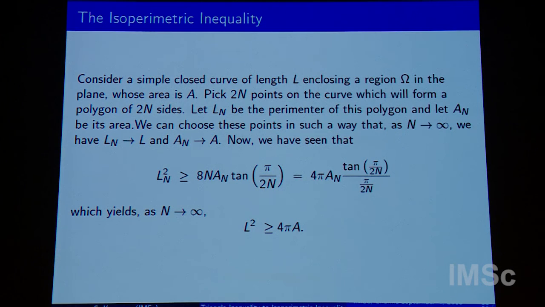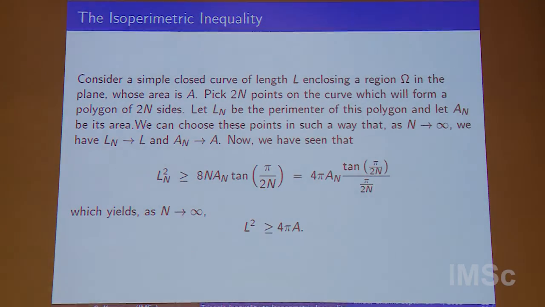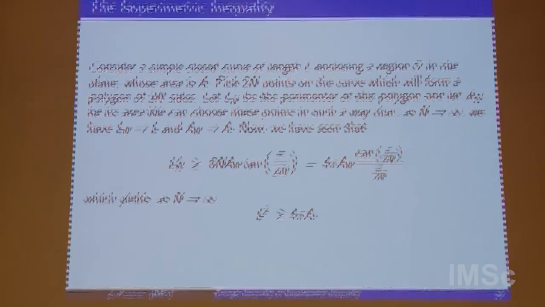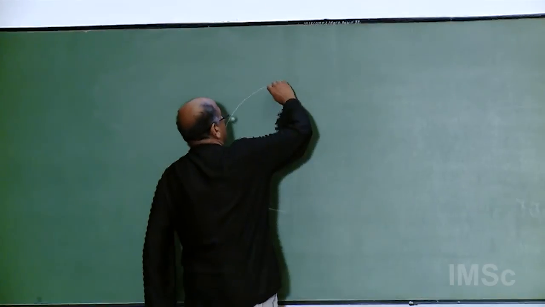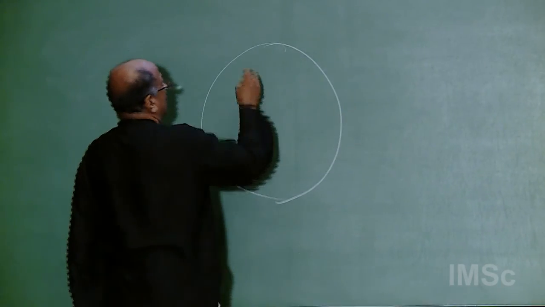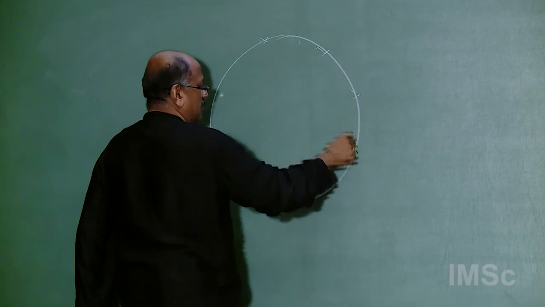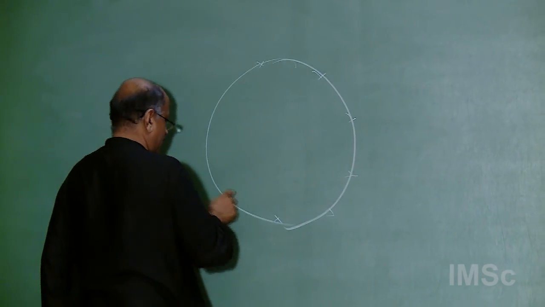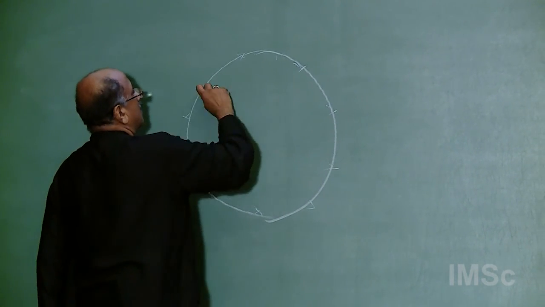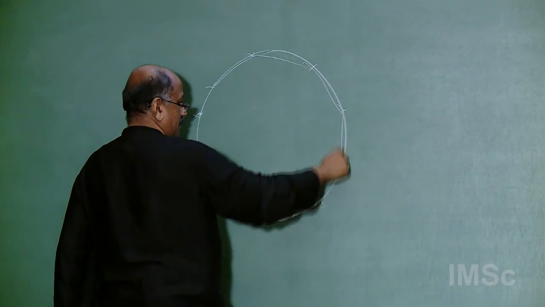So, now let us take a curve and mark off 2n points on the boundary and join up these points.